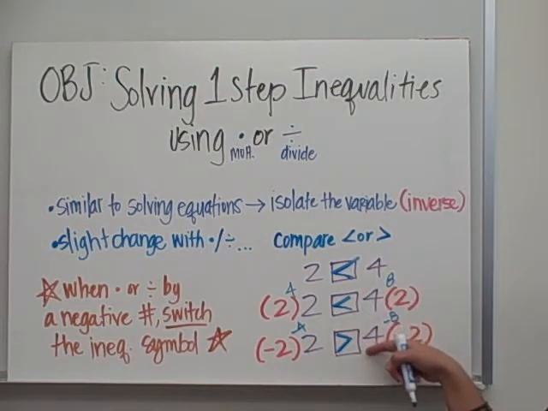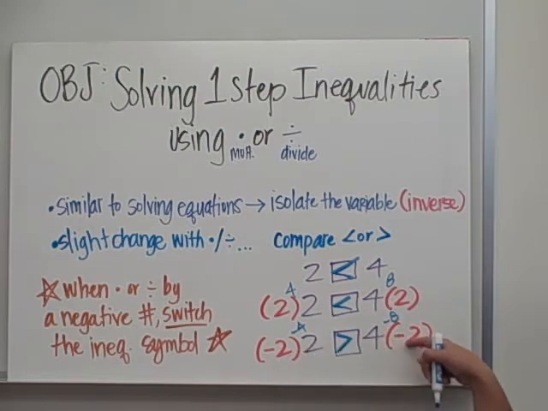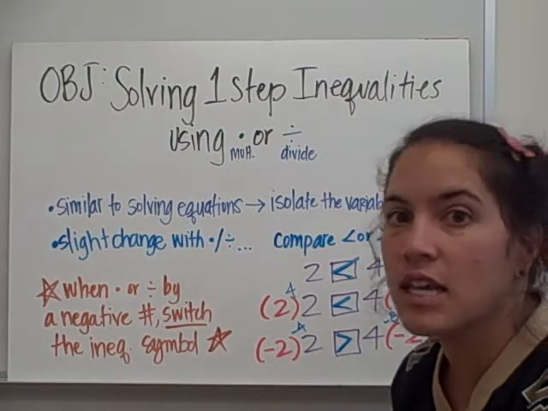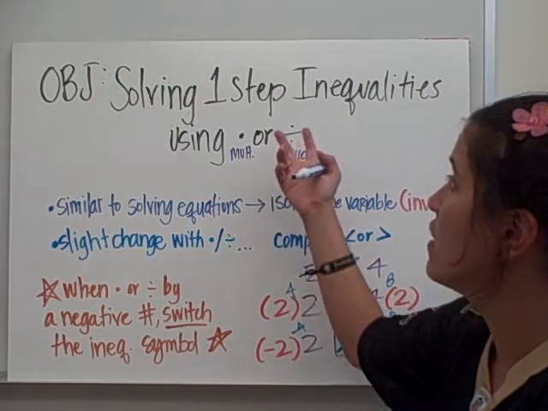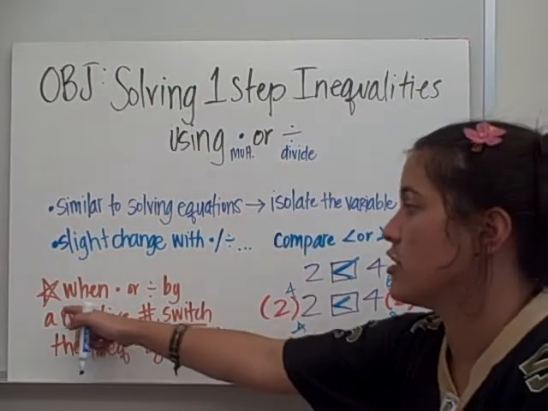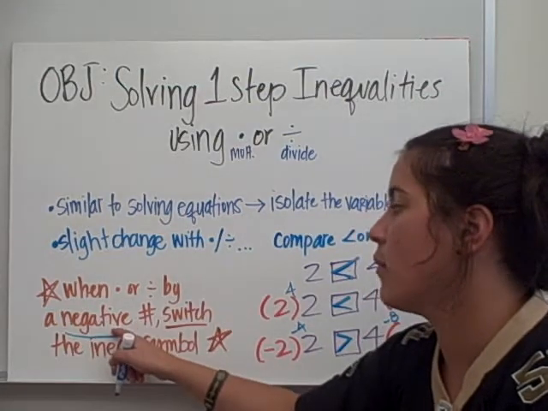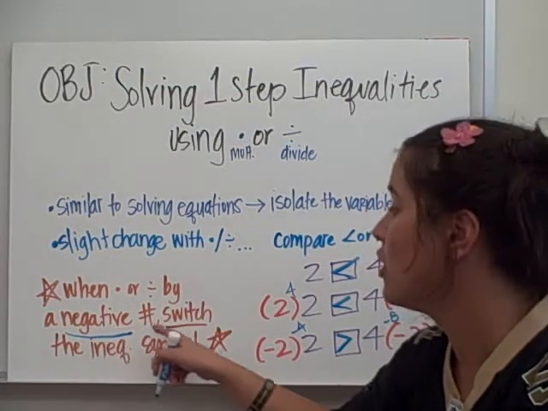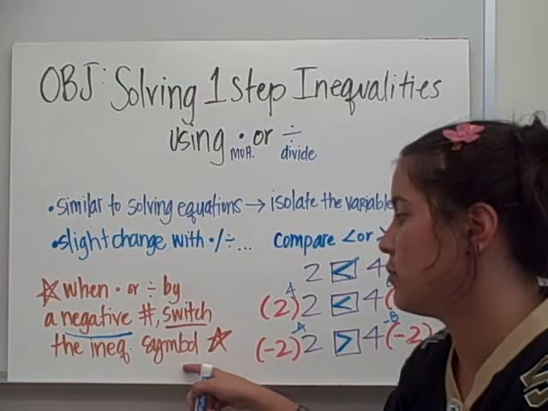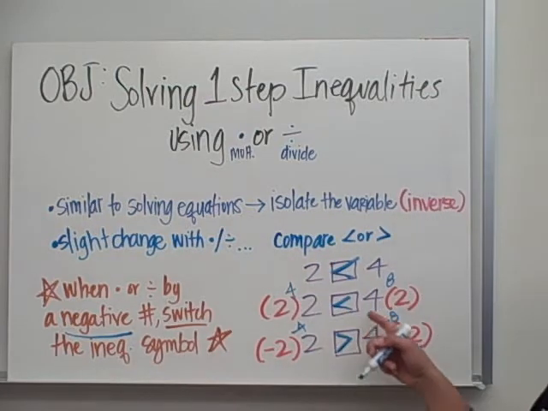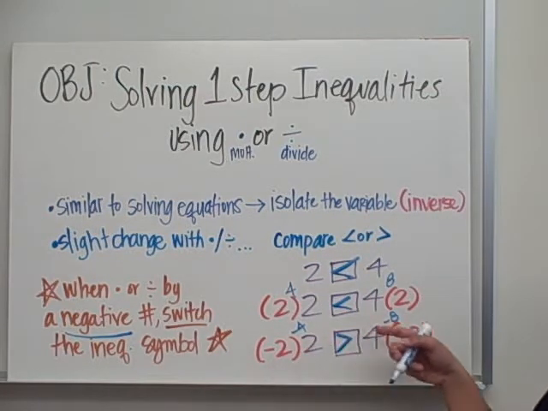But then from here to here, my symbol changed because I multiplied both sides by a negative. And that is the key for solving inequalities with multiplication and division. When you multiply or divide by a negative number, you're going to switch the inequality symbol. Just like here, I switched it from less than to greater than when I multiplied by a negative.